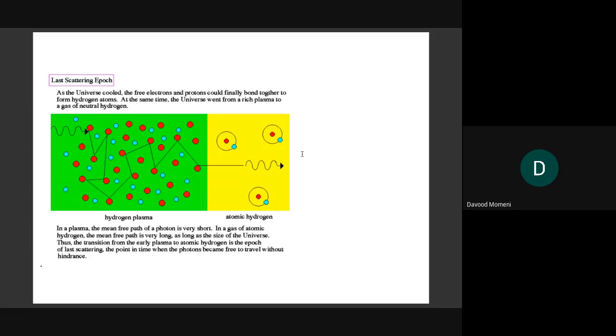This is a system of hydrogens, and the mean free path in this case is very short. But during the radiation times, this hydrogen plasma turns into atomic hydrogen, and then the mean free path could increase. You can watch this slide a little more later and read it more.